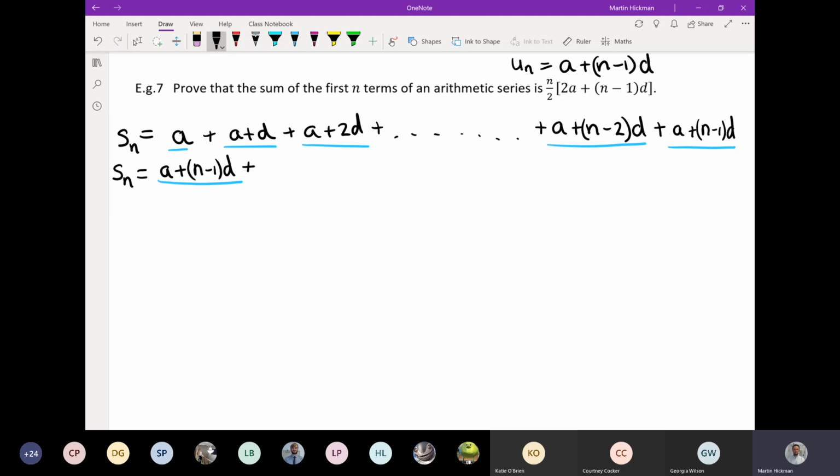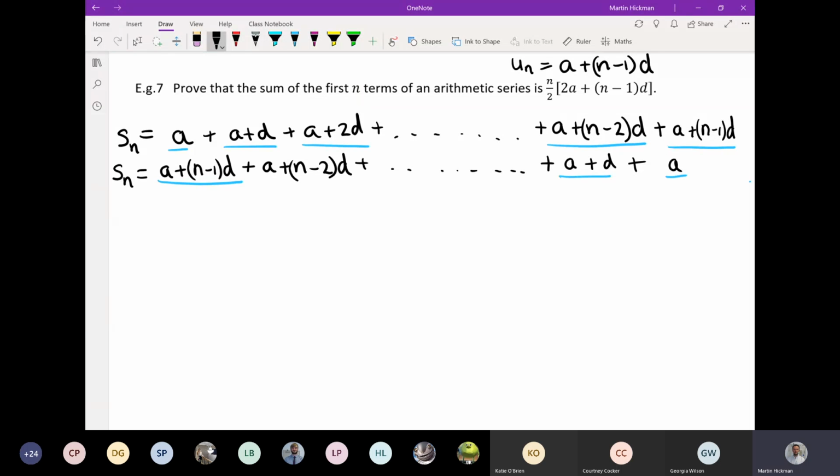The second from last term is going to be a plus n minus 2 times d. And then I go all the way to my second term, which is just a plus d, and then my first term, which is just a. I'm going to underline these just to make it clearer.